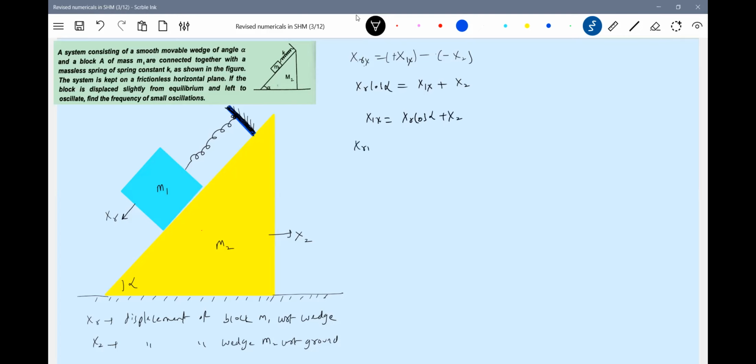Similarly, xry, displacement of block with respect to wedge along y-axis, should be equal to displacement of block with respect to ground along y-axis minus displacement of wedge with respect to ground along y-axis. What about this? This will become xr sine alpha. This is the unknown thing. This will be 0. Why 0? Because the wedge will not move along y-axis.